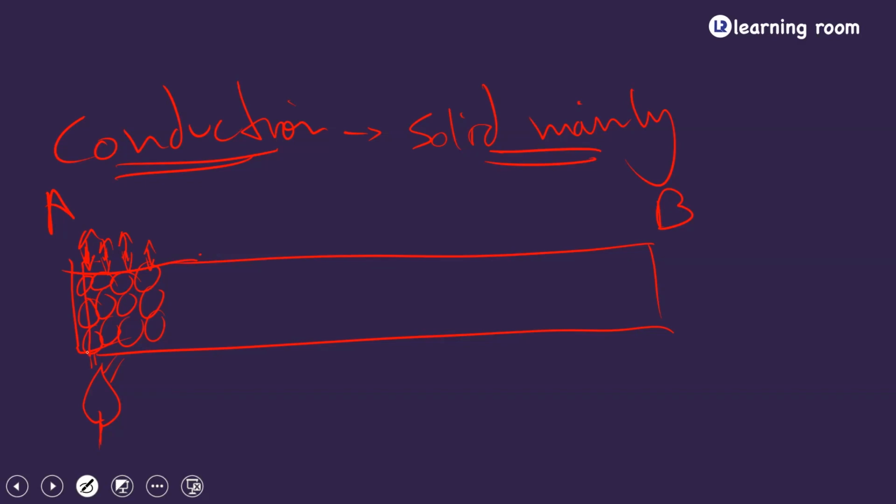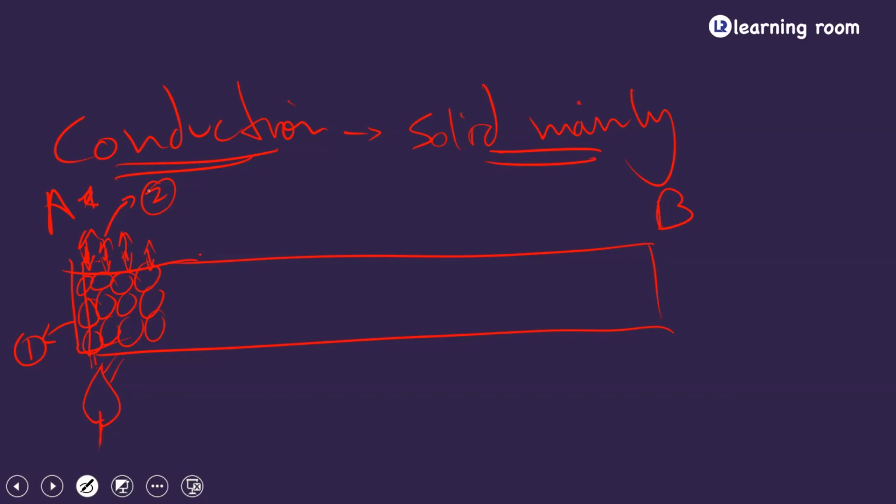Let's say only the first row, I'll call this row 1, is in strong contact with the flame. Now it is starting vibrating. But the second row is in contact with the first row, so it will also start getting some of this vibration energy.